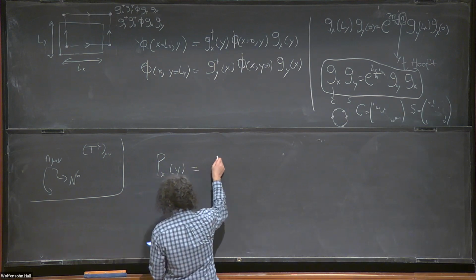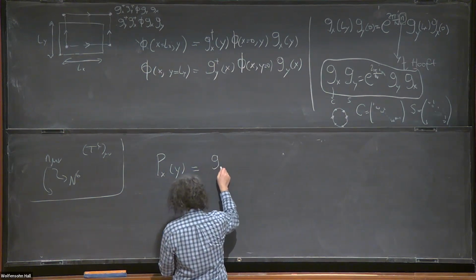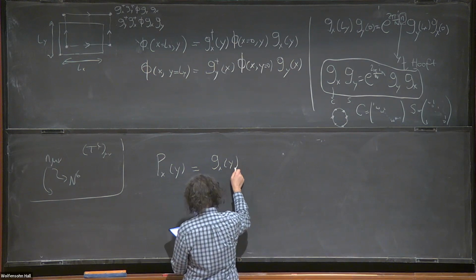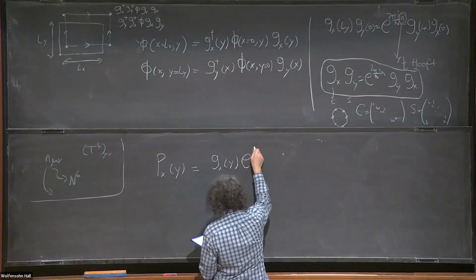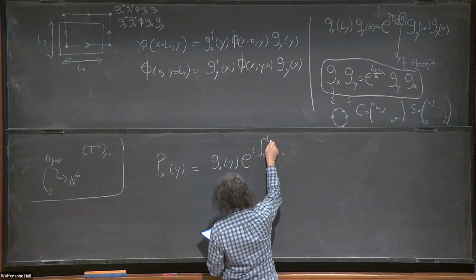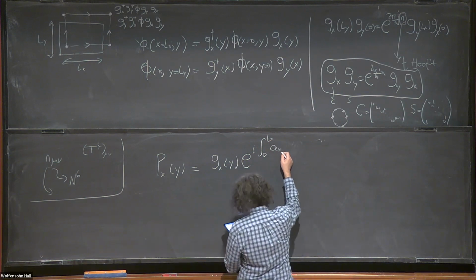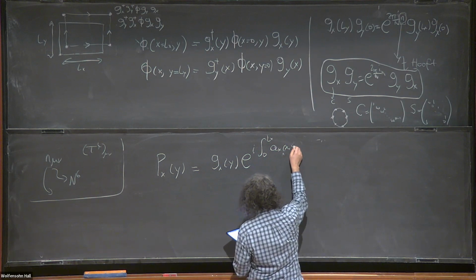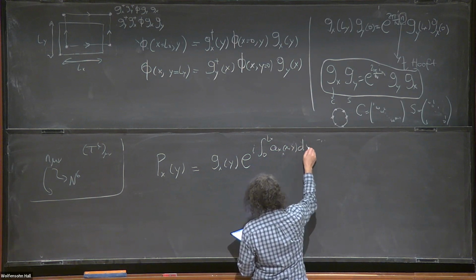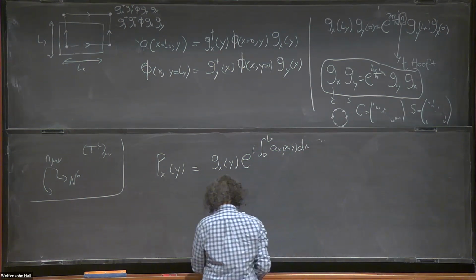Its proper definition is Ω_xy times the exponential of i times the integral from 0 to L_x of A_x dx.